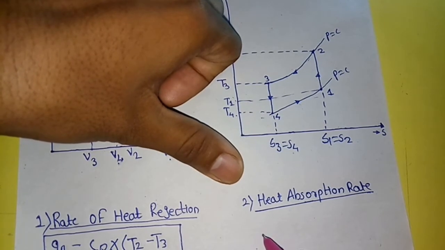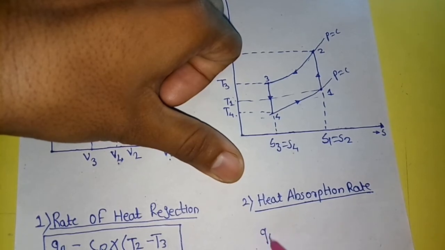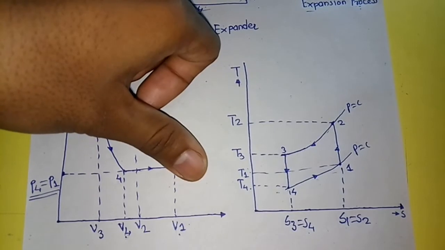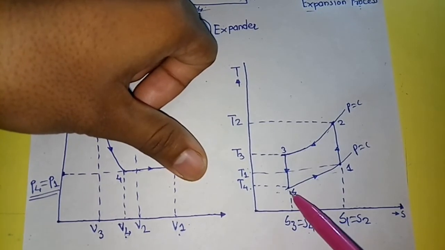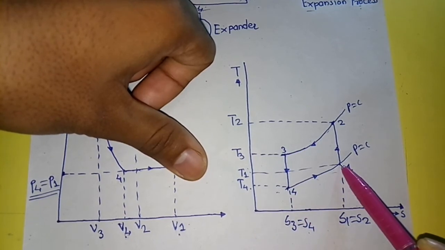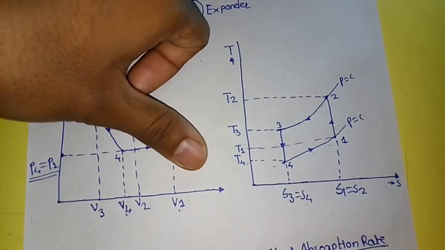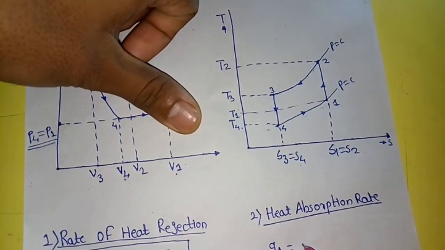We will denote the rate of heat absorption by QA, which is simply the multiplication of Cp and the temperature difference of the process. The process is carried out from point 4 to point 1, so the temperatures are T4 and T1. So QA is equal to Cp into (T1 minus T4).